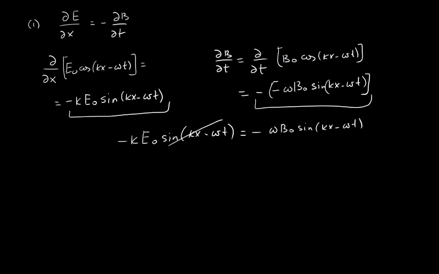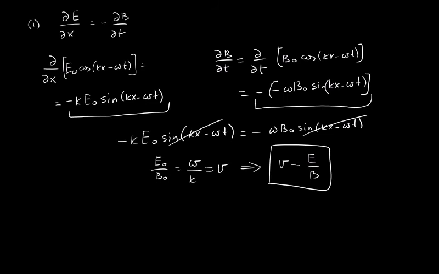The signs cancel out, and we see that E naught divided by B naught equals omega divided by k, which in turn equals the speed of the electromagnetic wave. So from here we can conclude that the speed equals E over B.